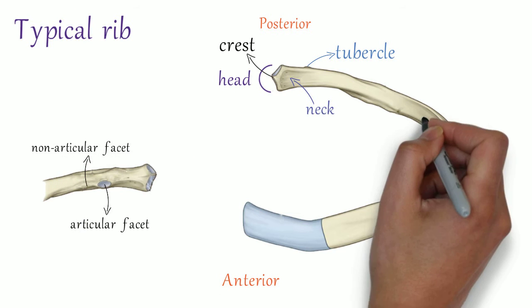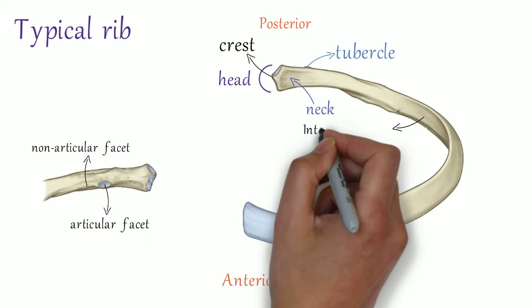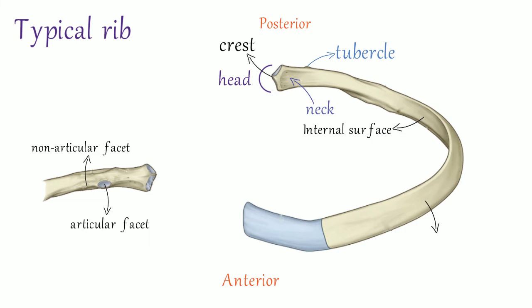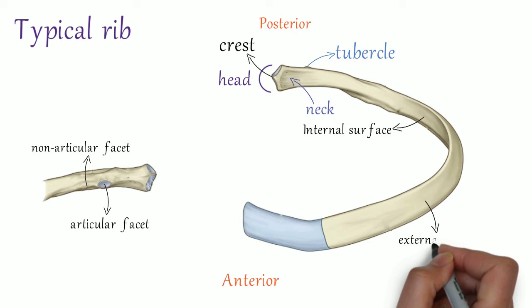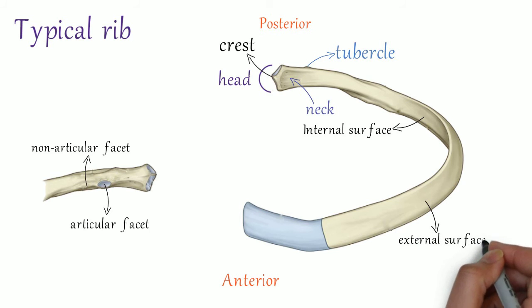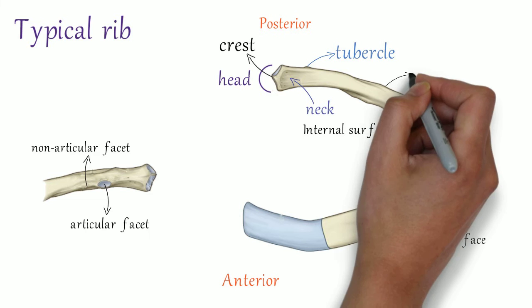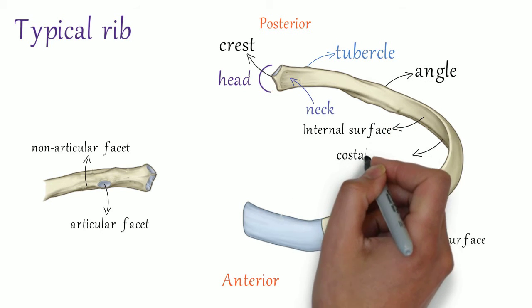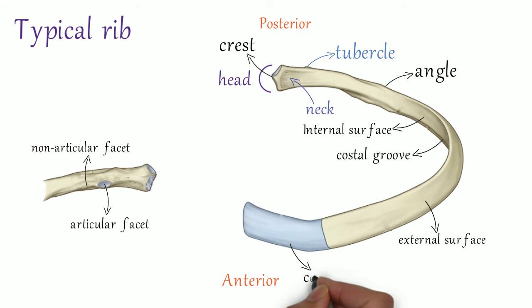The rib has internal surface and external surface. The rib bends forward just lateral to the tubercle, this is the angle. The inferior margin of the internal surface is the costal groove. This is the costal cartilage.